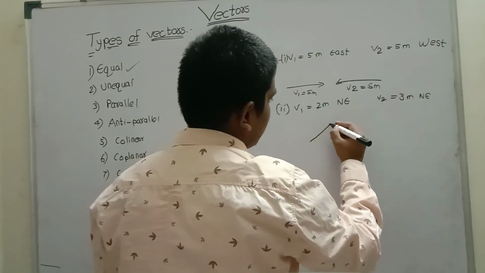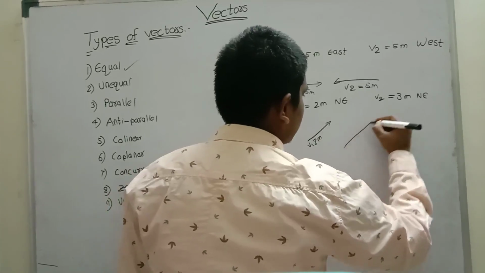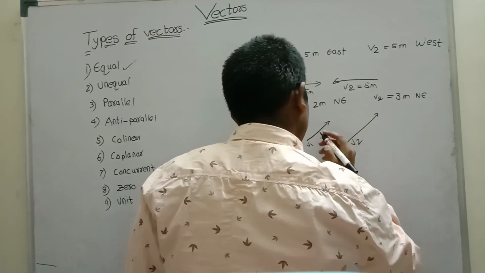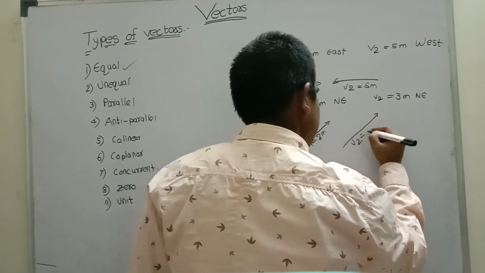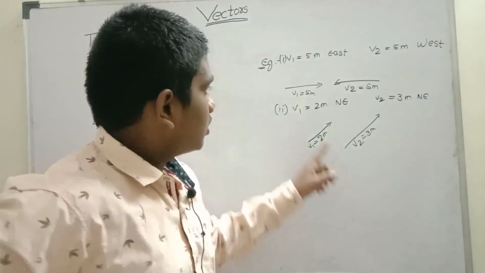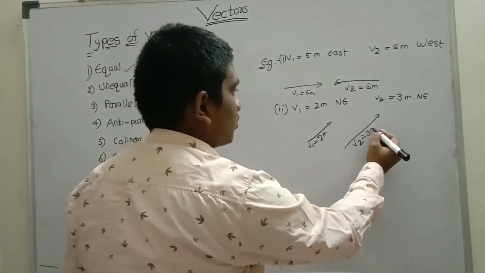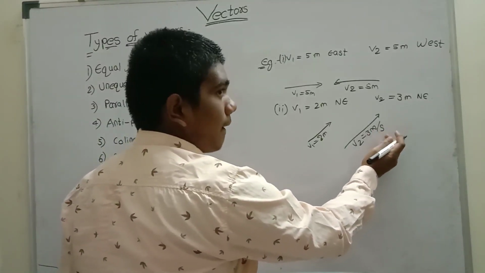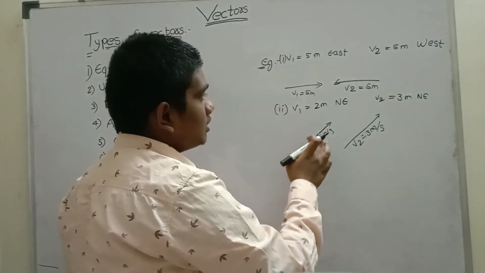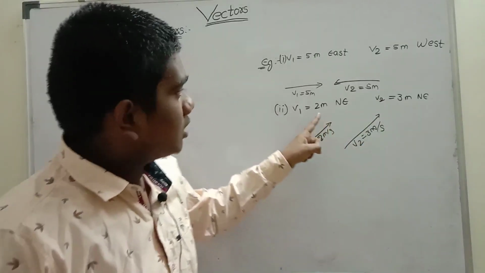This vector V1 is 2 meter. This is V2. Here in this case, direction is the same, both are in the northeast direction, but magnitude is changing.